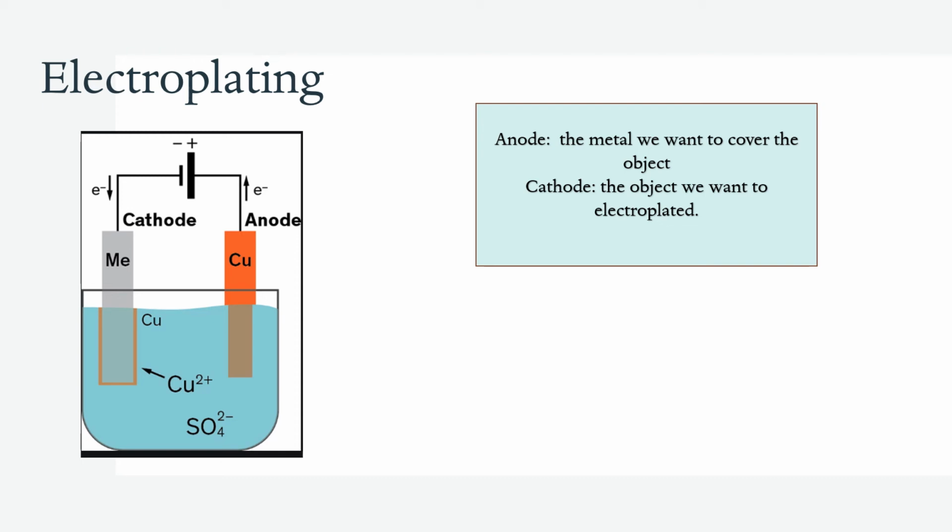The metal will then be covered by Cu2+ that changes into Cu. So we get the metal object covered by Cu.